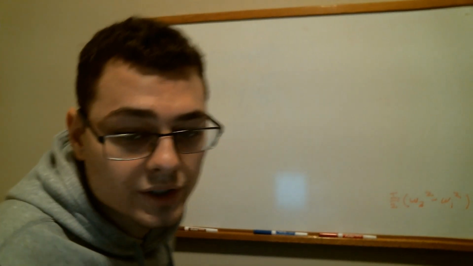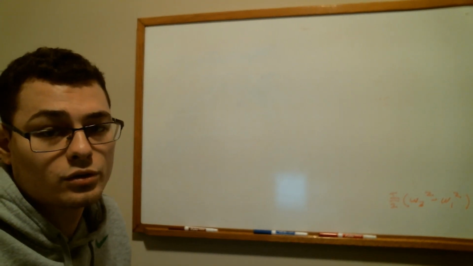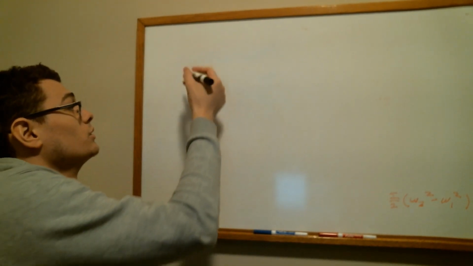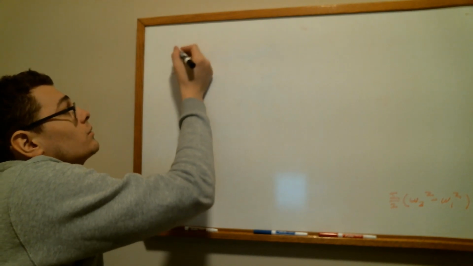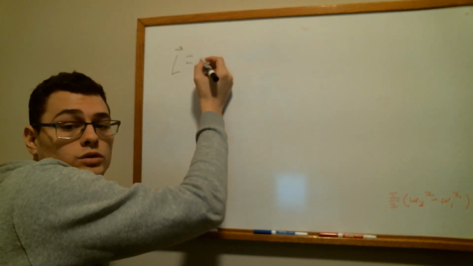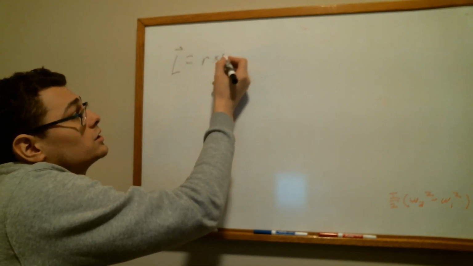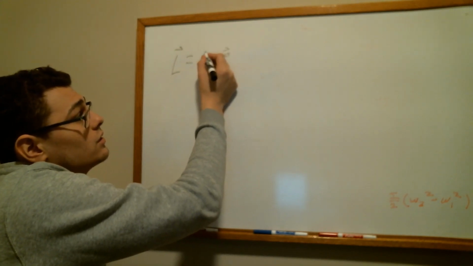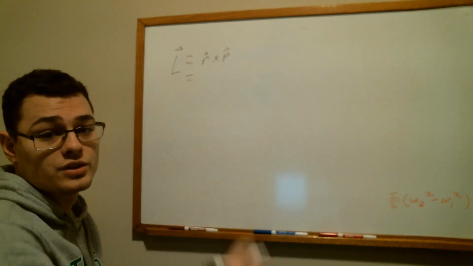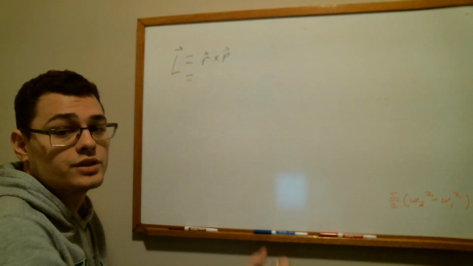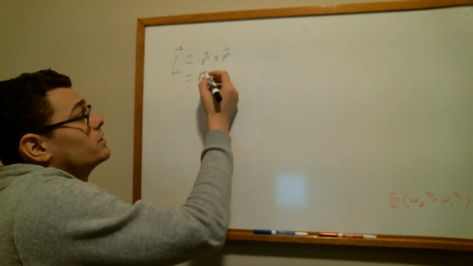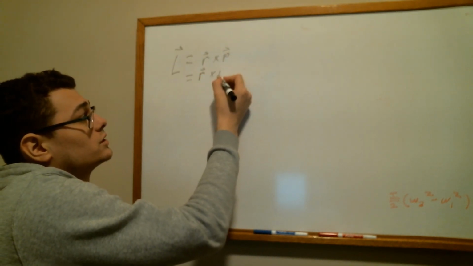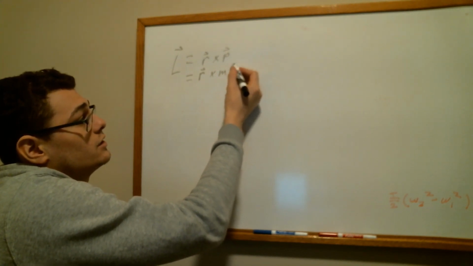Okay, so next up we have to do a quick review of angular momentum. So we started off talking about angular momentum by saying that L was going to be equal to R cross P, where these are all vectors. This equation then yielded that this is R cross MV.